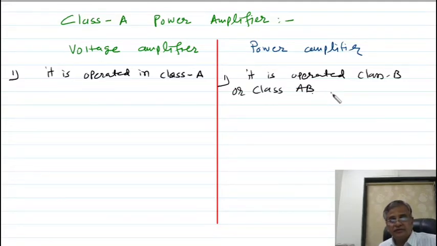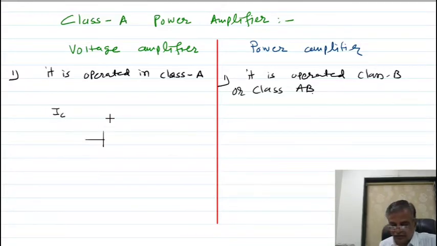Now you may have the question: what is class A mode? In class A mode, the collector current flows for both halves of the AC input cycle.